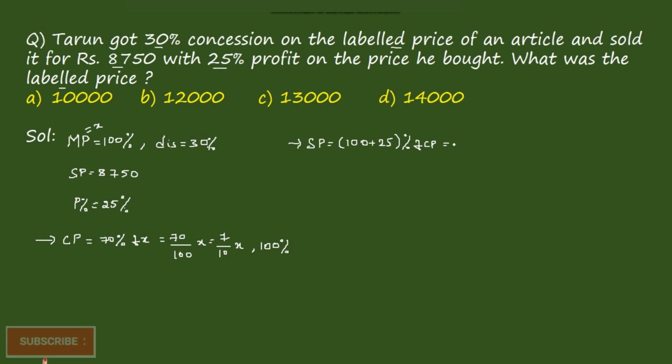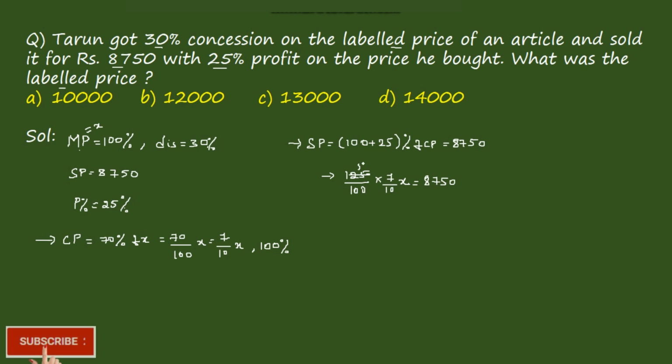Here the selling price is given as 8750, right? The cost price we consider as 7 by 10 x. So just substitute it. It becomes 125 by 100 into cost price 7 by 10 x is equal to 8750. By this we can find the value of x, which is nothing but the market price or label price, right? So find the value of x now.